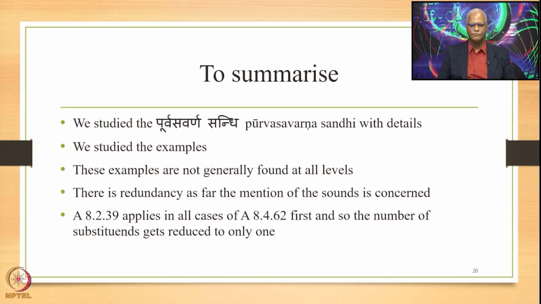These examples, especially of Jhayo Ho Nyatarasyam, are not found at all levels. There is redundancy as far as the mention of the sounds is concerned because 8.2.39 applies in almost all the cases of 8.4.62 first, and so the number of substituents gets reduced to only one. This is an important feature of this purva savarna sandhi.